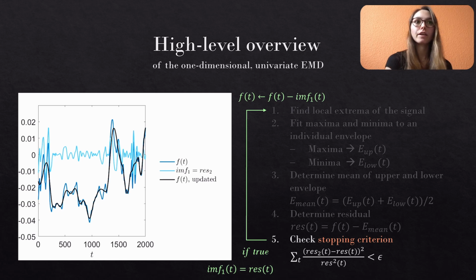After obtaining the first IMF, we would repeat the iterative process with the updated signal f of t to obtain the second IMF. Once we have obtained the second IMF, we would subtract it from the updated signal f of t, so we update it once again, and proceed with the updated signal to obtain the third IMF, and so forth.